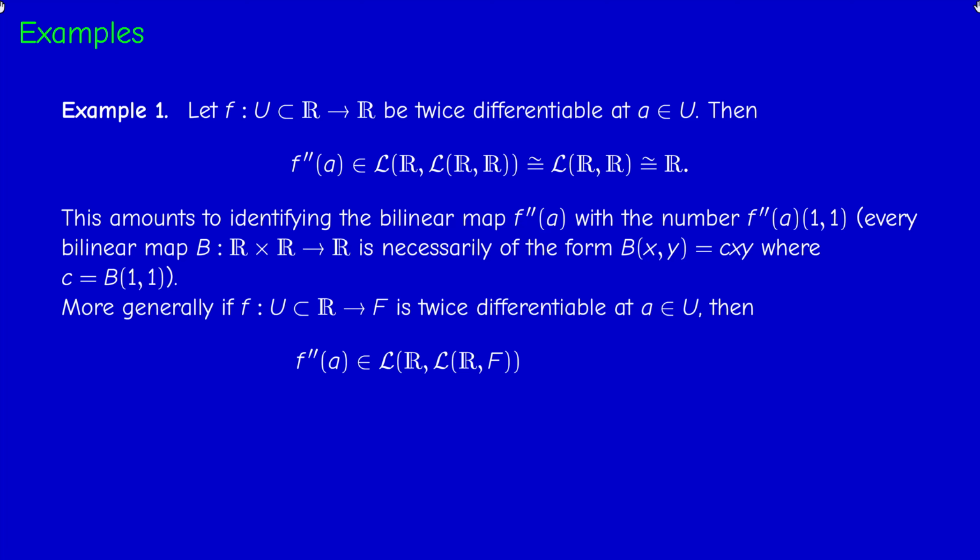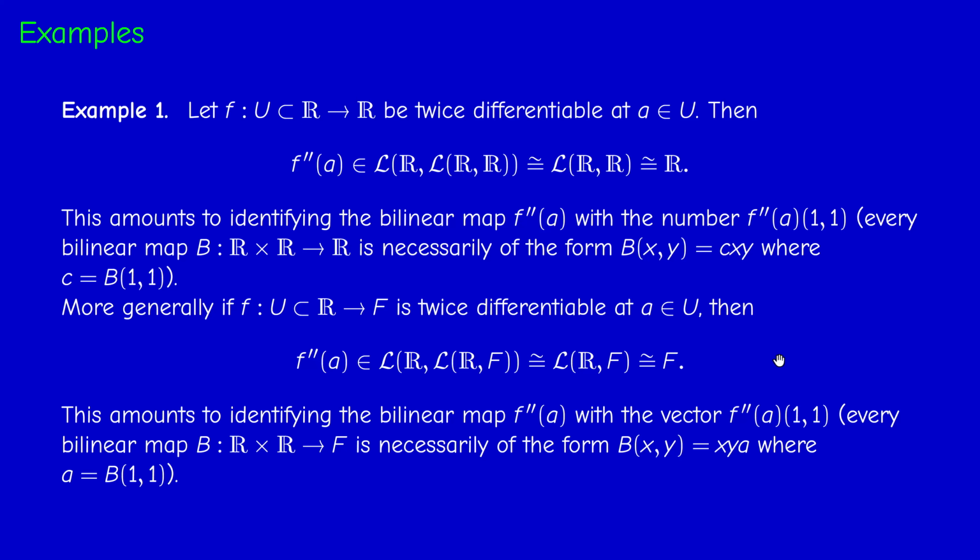And more generally, if we consider a map from an open subset of R into an arbitrary normed space F, then by definition f double prime is a linear map, which is automatically bounded, into the space of bounded linear maps from R to F. And since this space is identified with F, using the same identification we see that this is isometric to F. So once again, this amounts to identifying the bilinear map with its value at the point (1, 1).